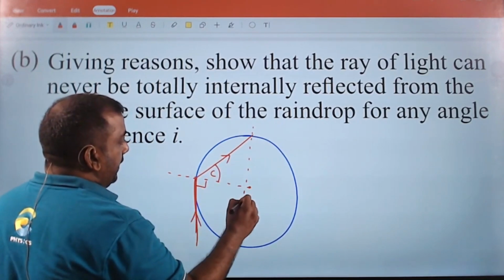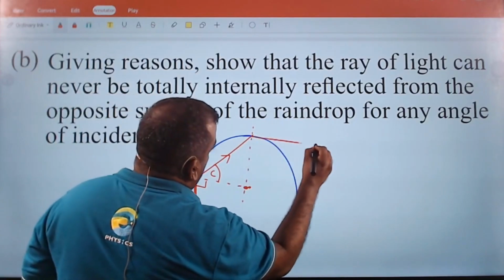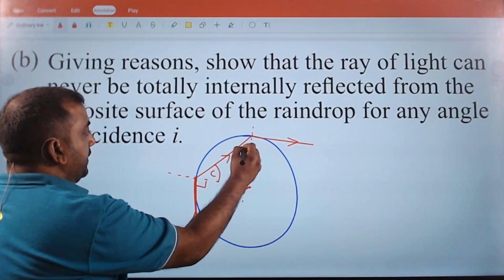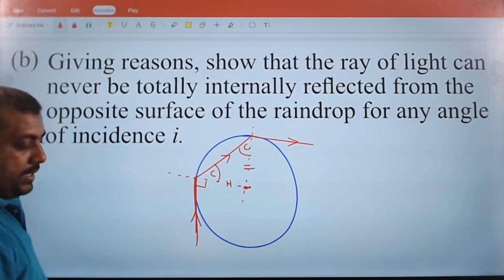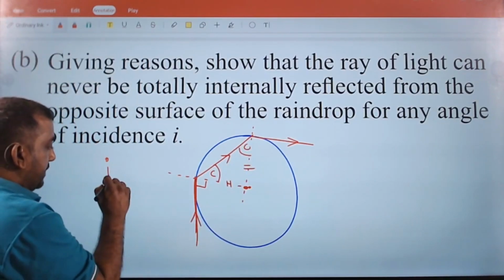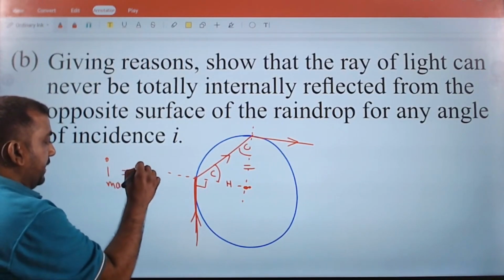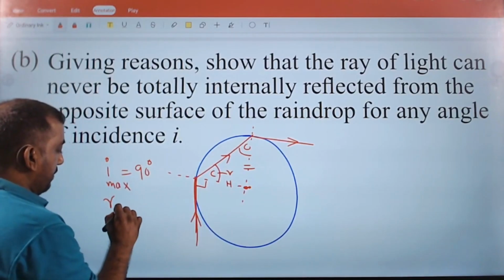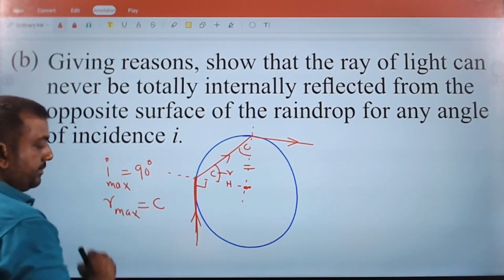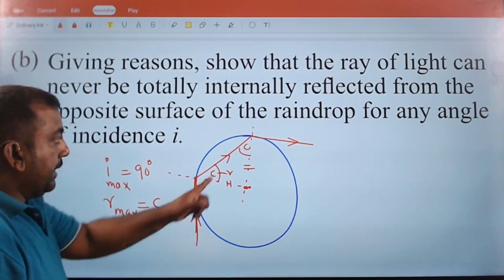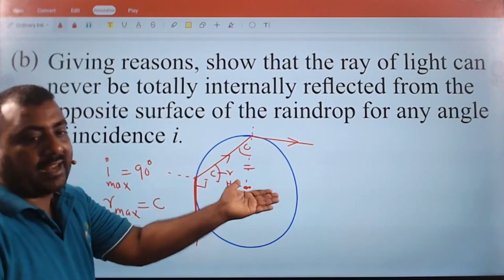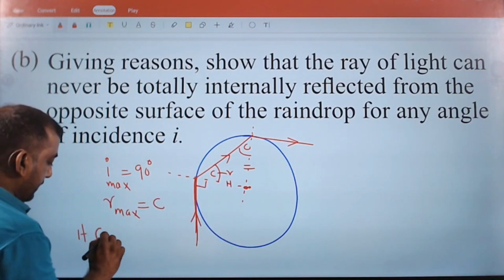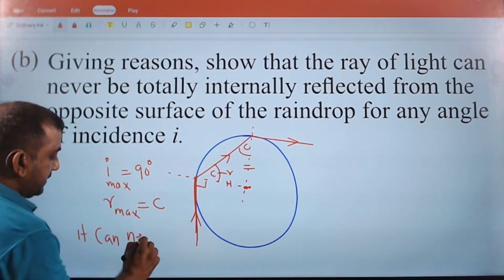Goes at the critical angle means will come out tangential. Radius here, here C. So maximum angle of incidence is 90. Maximum r is equal to C. This can never exceed the critical angle.